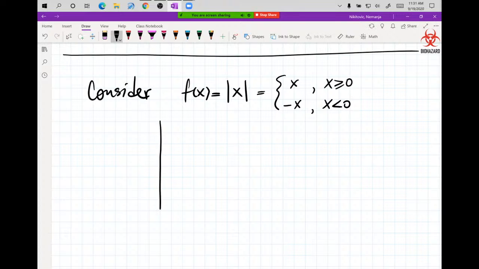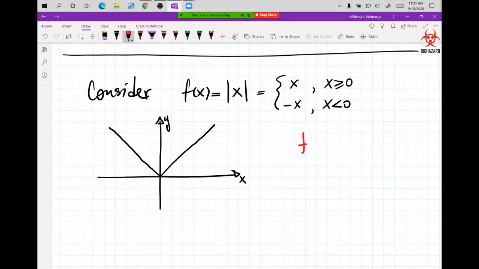And its graph, the black graph here, is a 45-degree line this way, a 45-degree line this way, and we're done. Right, that's that. Now, if you are to find the derivative for this function, the derivative of x is 1, and the derivative of negative x is negative 1.